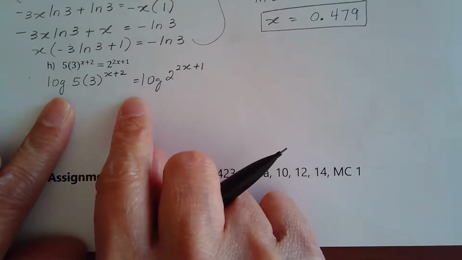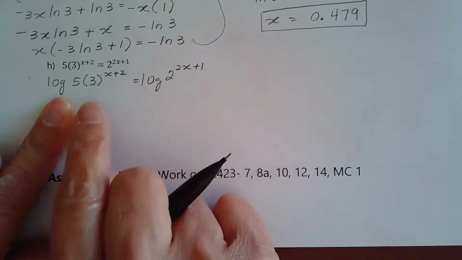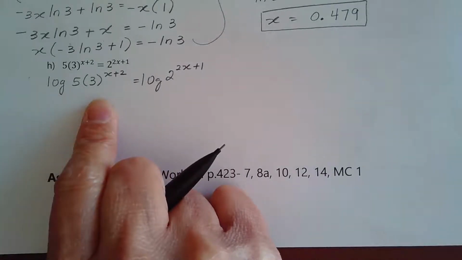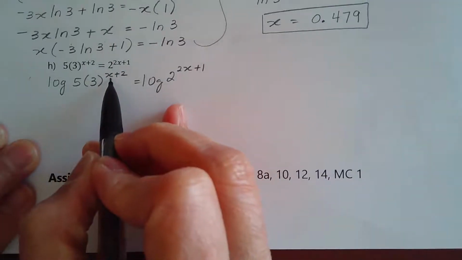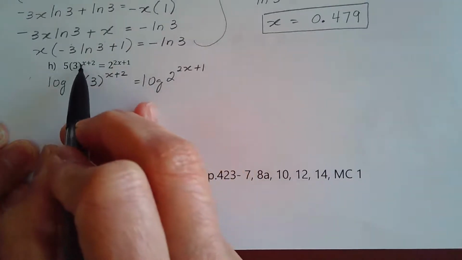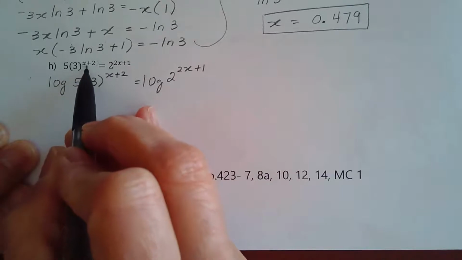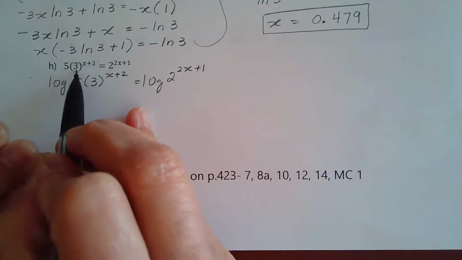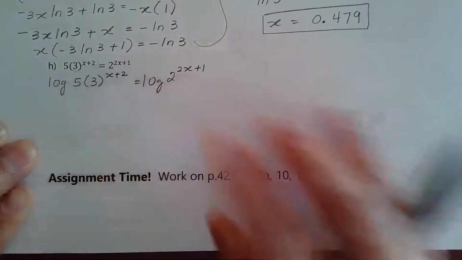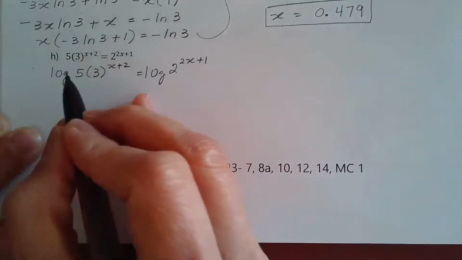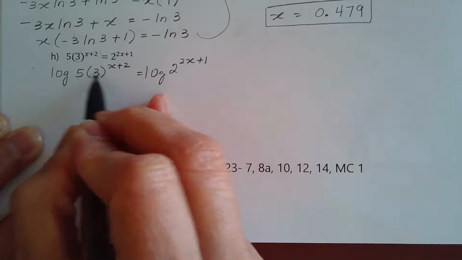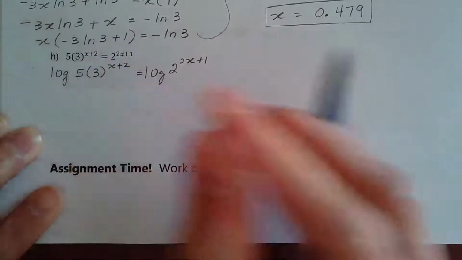Take logarithm of each side of the equation. Now if you look at this part in here, this exponent x plus 2 is only applied to 3, not to 5. Because these two are multiplied, we can split them up.